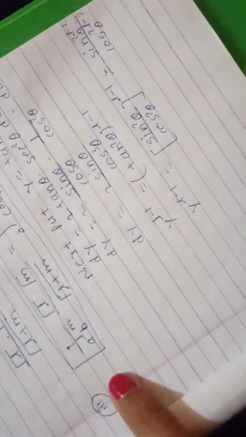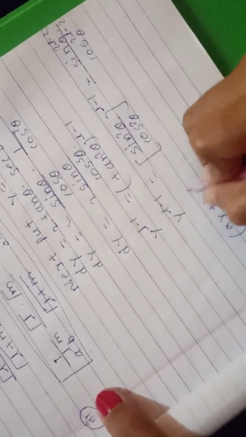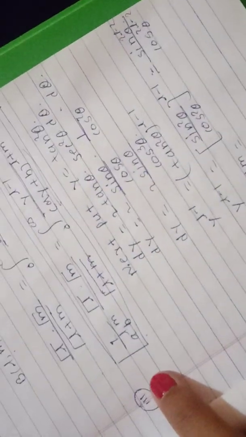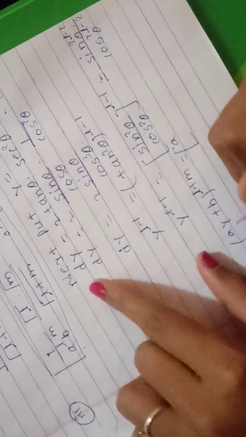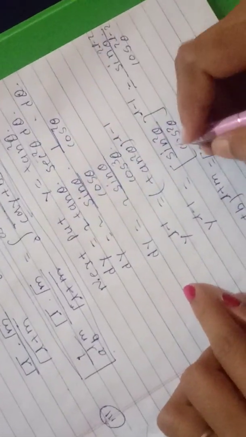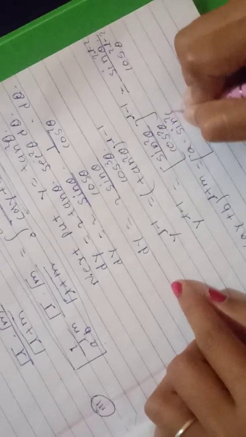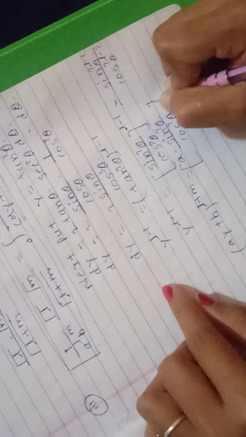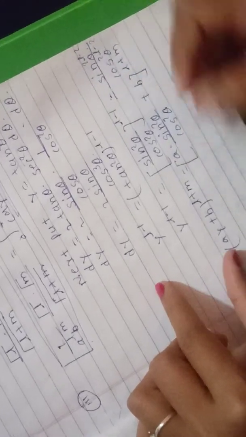Then we also require (ay plus b) raised to l plus m. Here ay is a tan square theta, that is sin square theta divided by cos square theta, plus b, raised to l plus m.